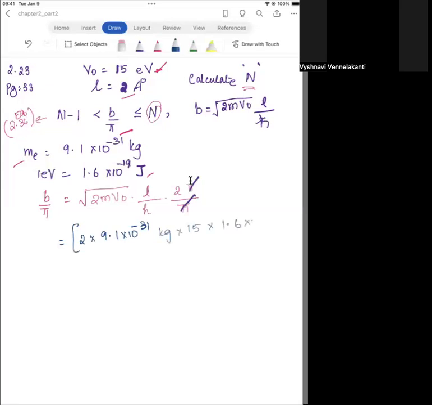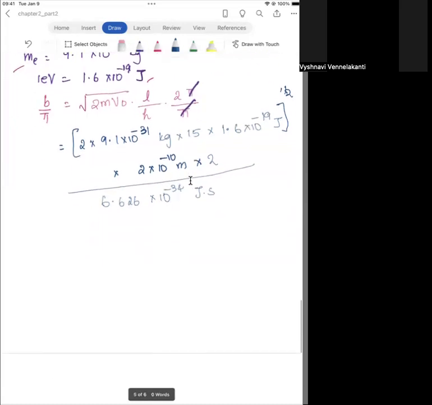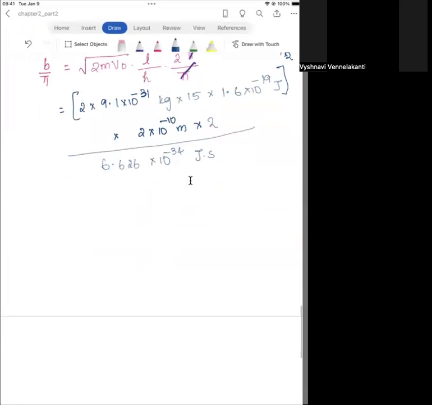So 15 times 1.6 into 10 to the power minus 19 joules, to the power half, times the length, which is 2 angstrom, so that is 2 times 10 to the power minus 10 meters, divided by the Planck's constant, which is 6.626 into 10 to the power minus 34 joule second. And once we have this, we can plug in the values.